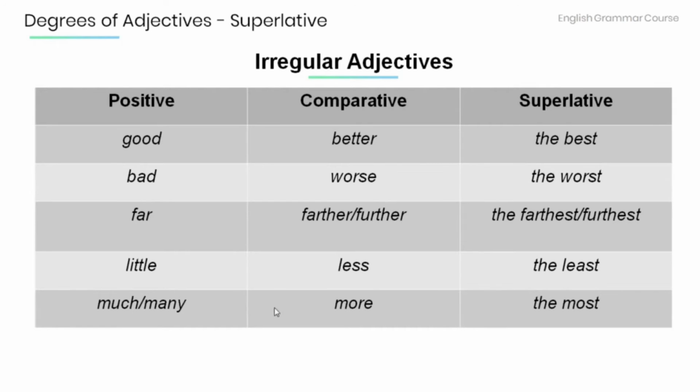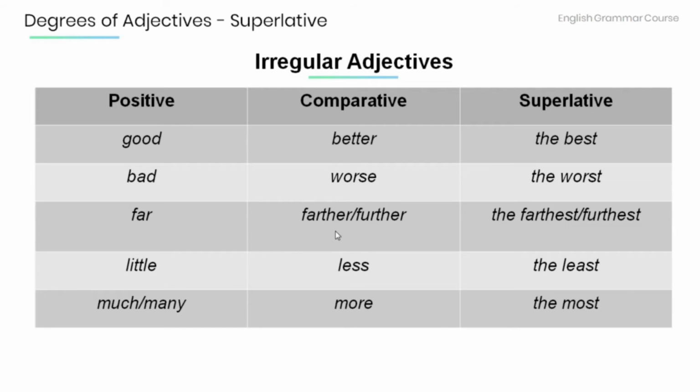Now let's have a look at the comparative and superlative form of irregular adjectives. Positive, good. Comparative form would be better. Superlative, the best. Bad. Comparative, worse. Superlative, the worst. Far.